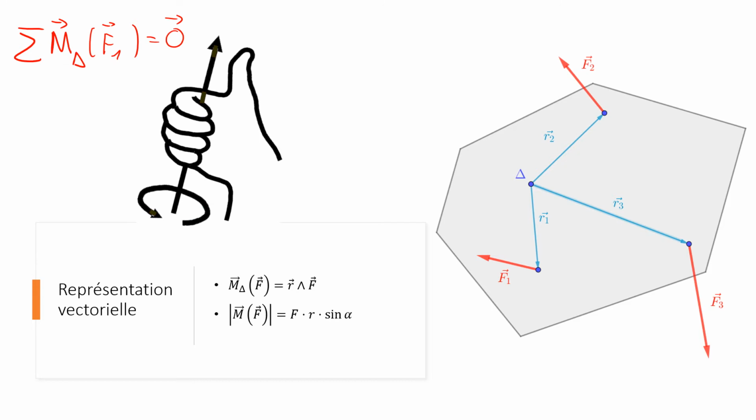And this now looks really similar to what we had for the equilibrium in translation, where the sum of all forces had to be equal to 0. But we could extend this and say that if the sum of the forces is not equal to 0, then there's going to be a change in a quantity, which we call momentum, over time.